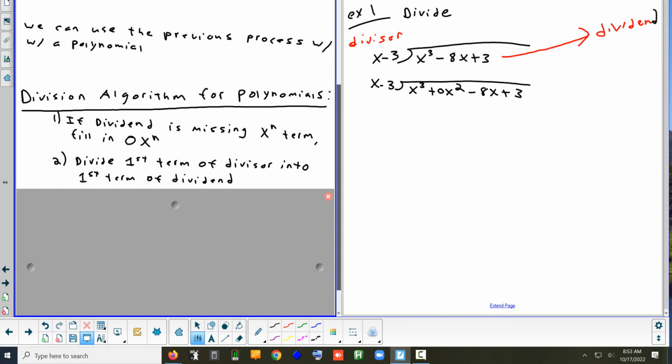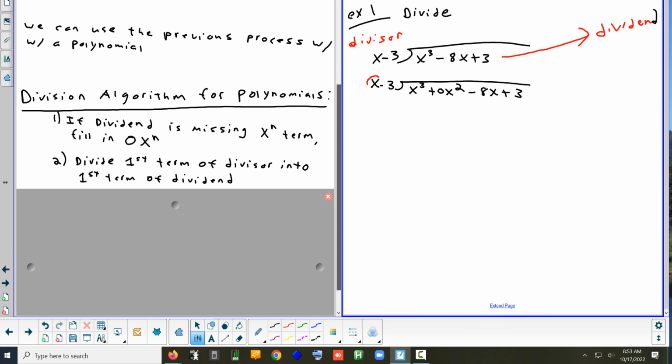Second step. You're going to take the first term of the divisor. In this case, remember the divisor is on the outside, and the first term is an x. And you're going to divide that into the first term of the dividend. The dividend is the thing on the inside, and that is the first term in the dividend.